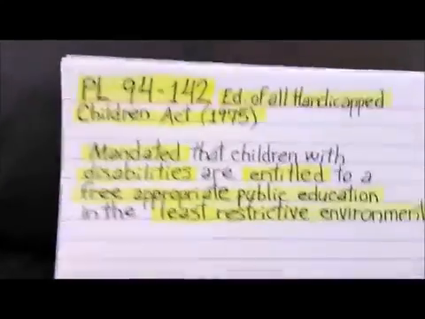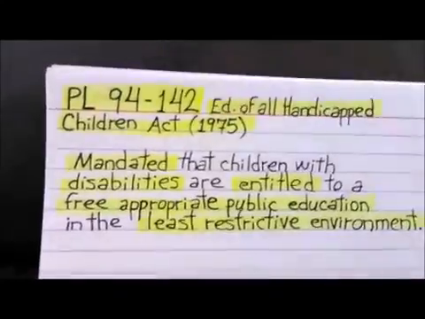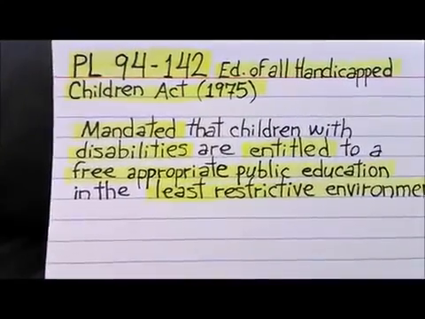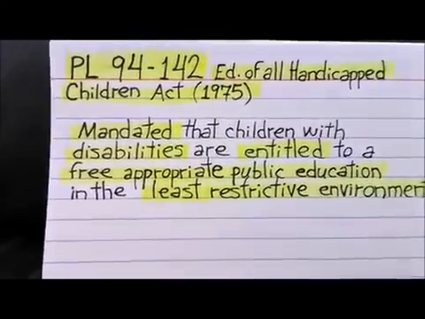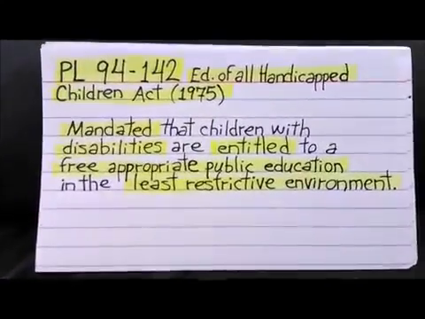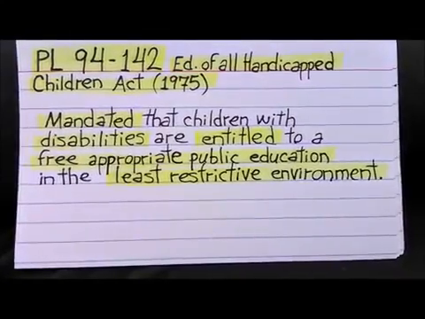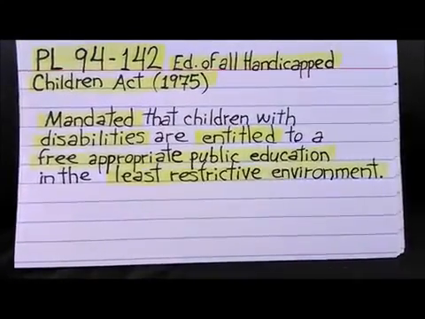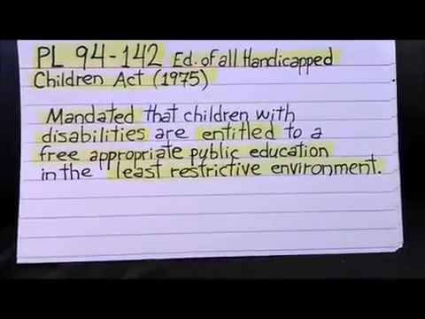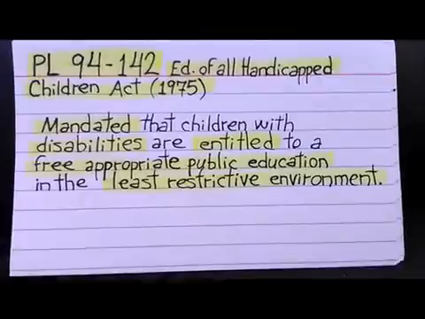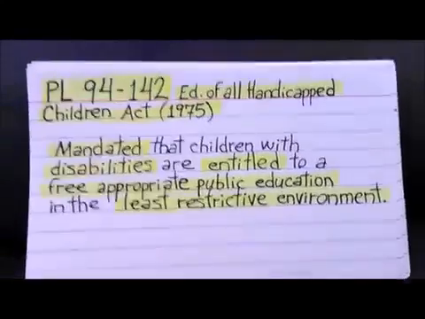PL 94-142, the Education for All Handicapped Children Act of 1975, a year before I was born. It mandated that children with disabilities are entitled to a free, appropriate public education in the least restrictive environment.